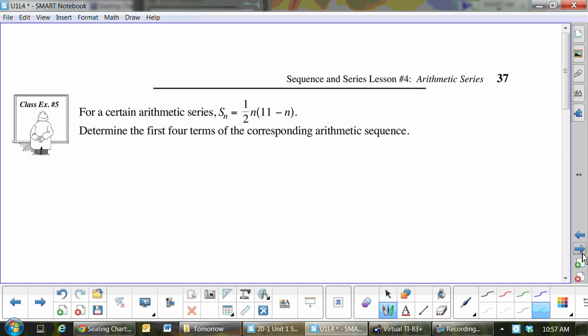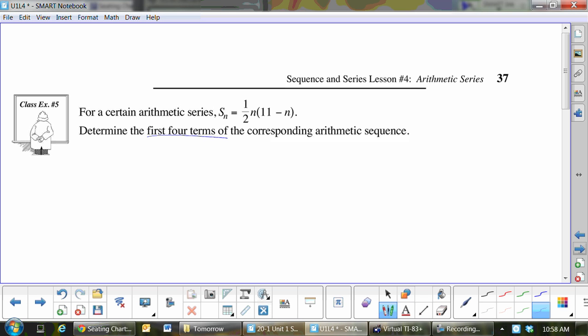So how this works is, it's like they did the machine for you. If you put in S22, it'll tell you the sum of 22 numbers in this sequence. But what they asked me is, what are the first 4 terms?